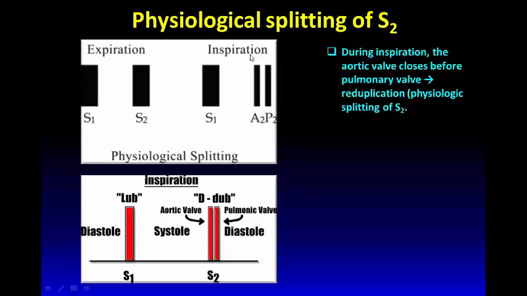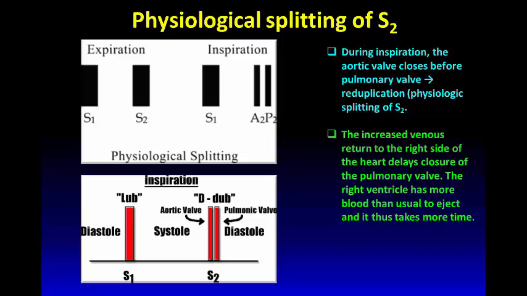So in normal subjects, during inspiration, the first and the second heart sounds would sound like lub, dub, lub, dub. Lub is the first heart sound, and dub, this is the aortic component of the second heart sound, and dub, this is the pulmonary component of the second heart sound.